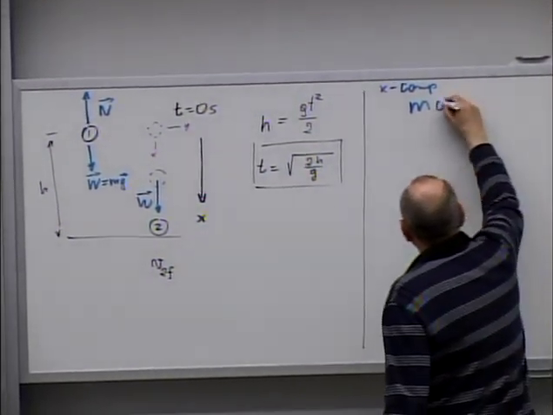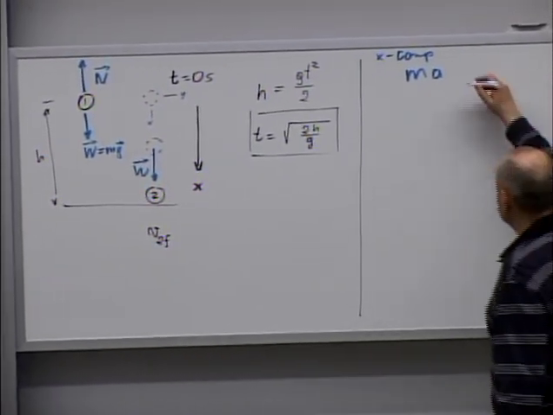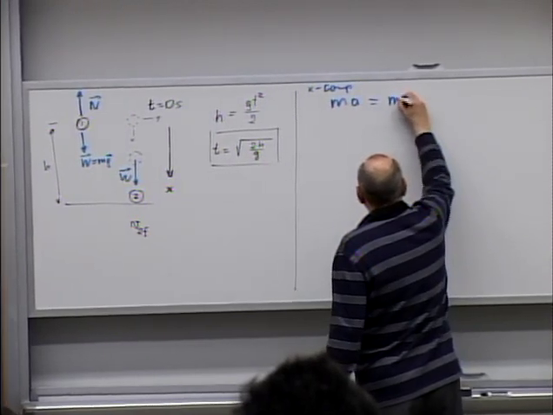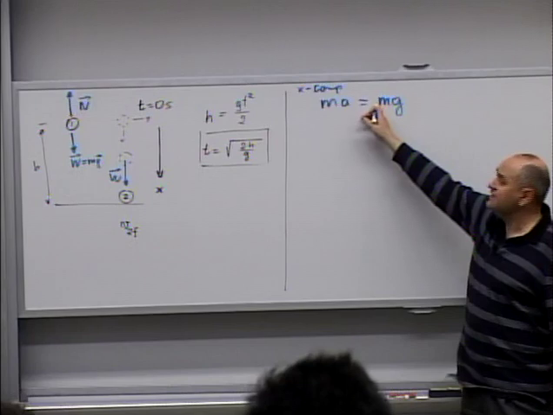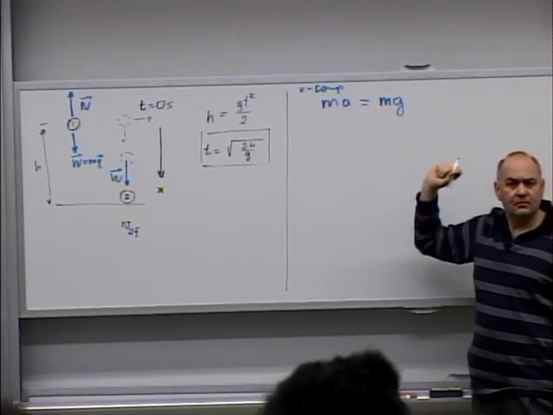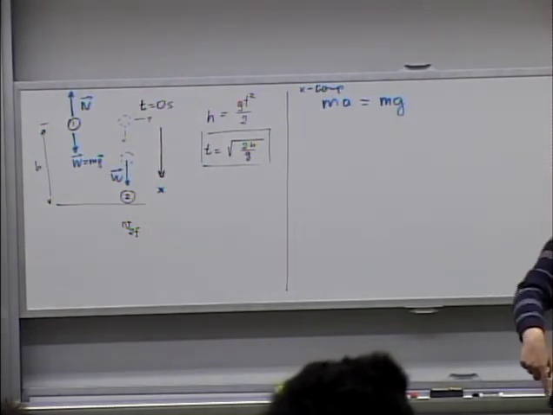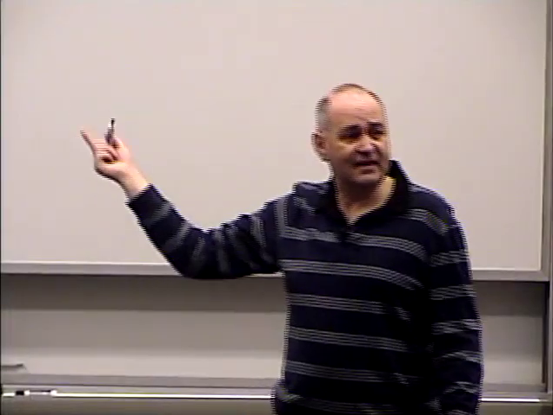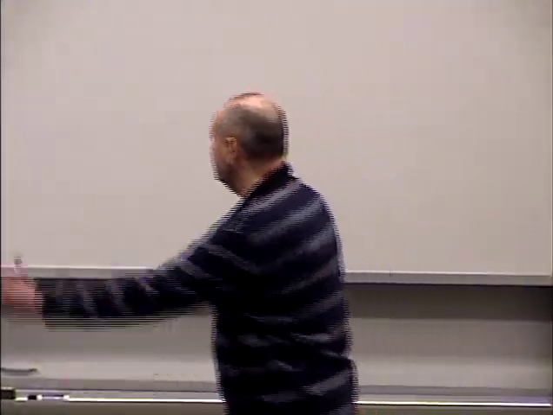So mass times acceleration of the particle is equal to the weight of the particle, mass times acceleration due to gravity. Should I put minus here? Why not? Because I picked the axis down, right? If I had the axis up, then I would have to be consistent and put minus over here. I choose the coordinate system in such a way that now it's positive.